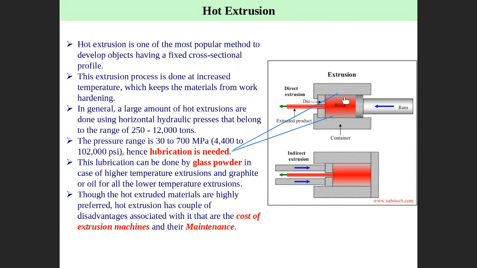Glass powder lubrication is used to facilitate the motion and make the process easier. However, this process is expensive and maintenance is high, but in some cases there is no way around it. We must have hot extrusion. We cannot do extrusion unless we heat up the workpiece material, right?